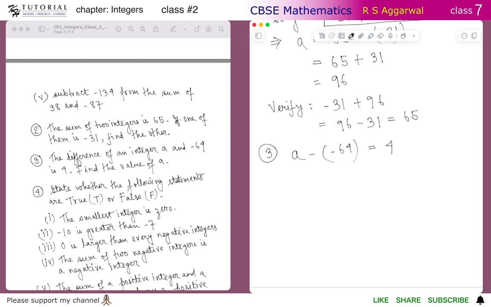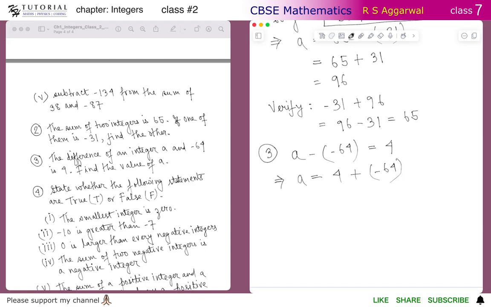It says that the difference of the integer a and minus 64 is 4. So how do we find a from here? So from here we say that a equals 4 plus minus 64.